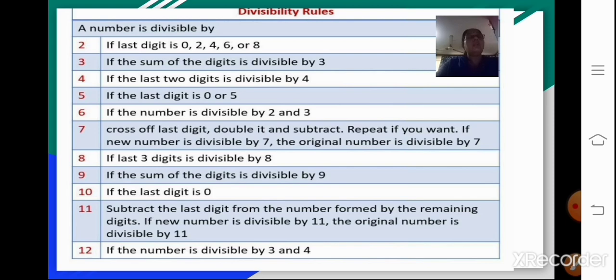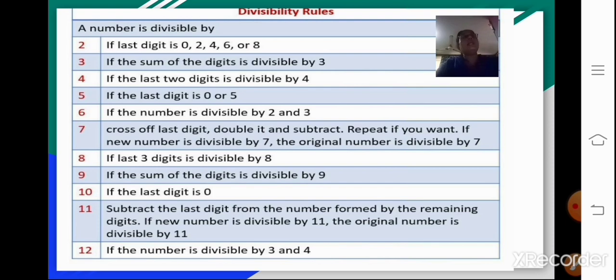For the divisibility rule for 11, subtract the last digit from the number formed by the remaining digits. If the new number is divisible by 11, the original number is also divisible by 11. A number is divisible by 12 if it is divisible by 3 and 4.